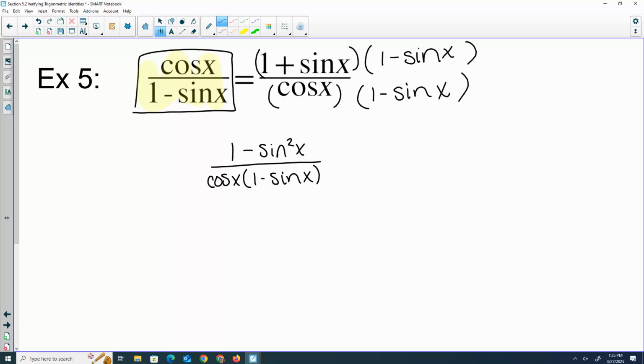Any ideas from here? The Pythagorean identities have to be squared. Okay. So 1 minus sin squared x is cosine squared x. And now what can happen?